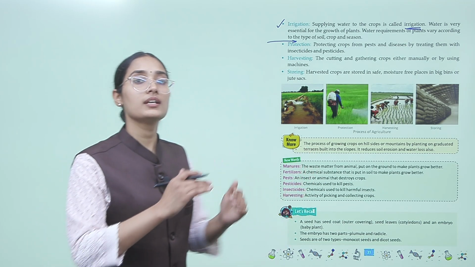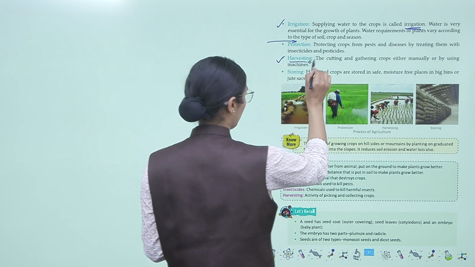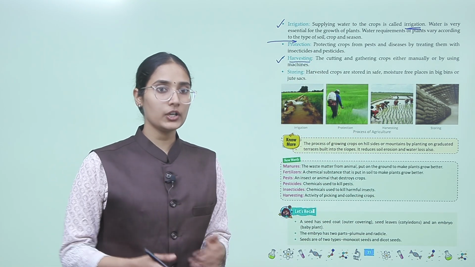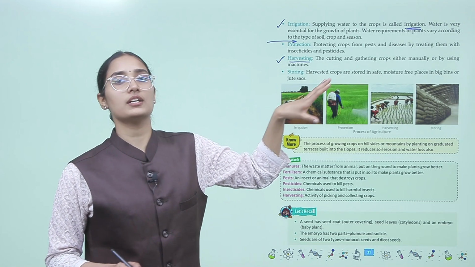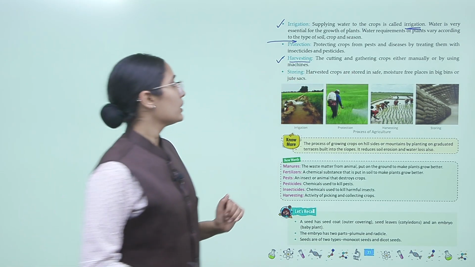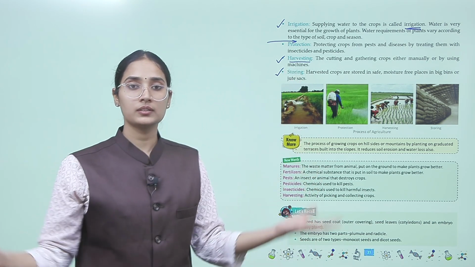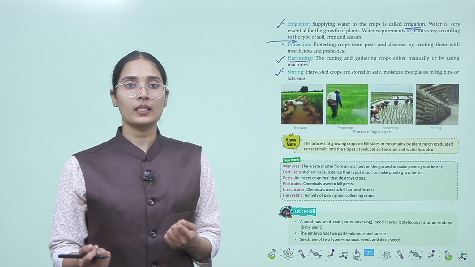Next, once our crop is ready, it is harvested. Harvesting is the cutting and gathering of crops either manually or by using a machine. This is the process where we harvest our fruit or food. Now once the harvest is done, a large amount of fruit and grains is produced.